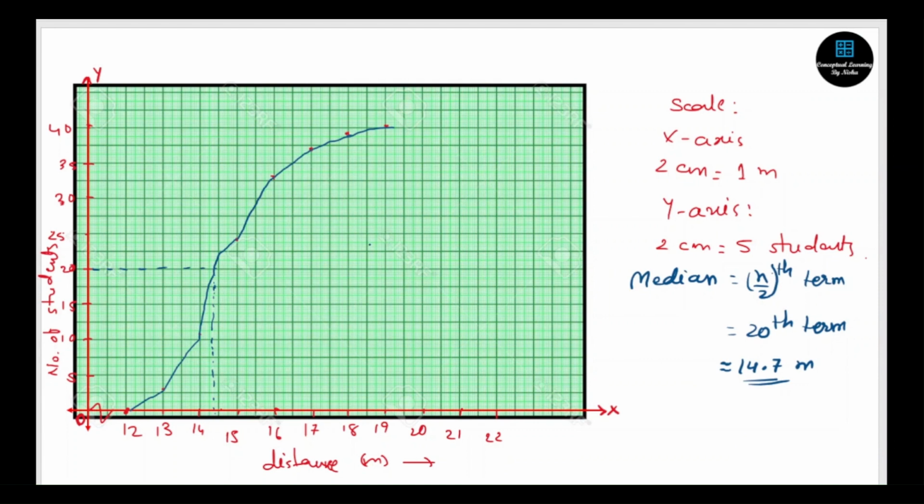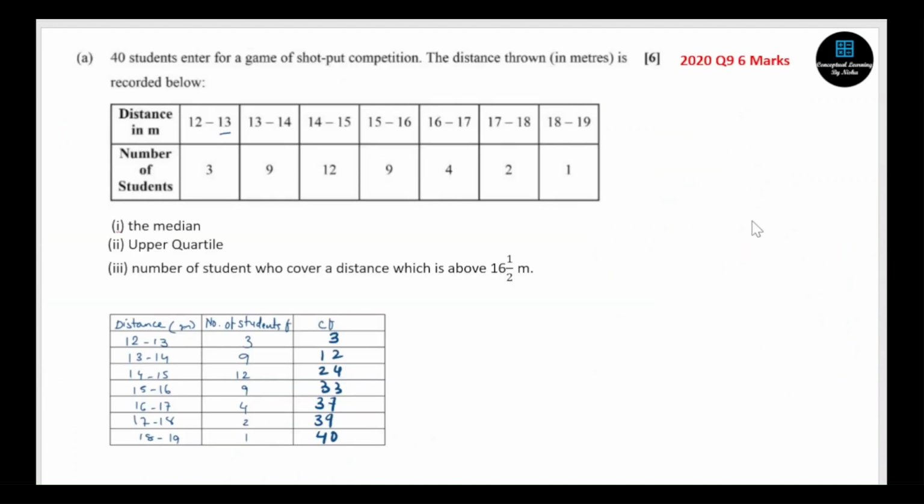Now we have to find the upper quartile. Let me write here how to find it. Remember, Q3 is nothing but the 3n upon 4th term, which is 3 times the total of 40 upon 4th term, so we'll get the 30th term.